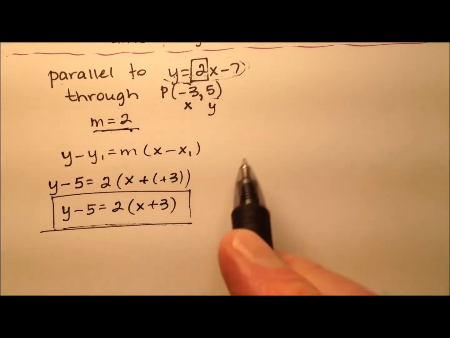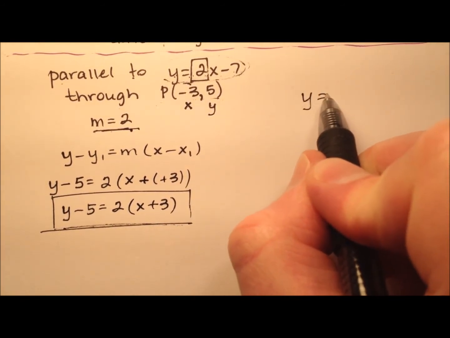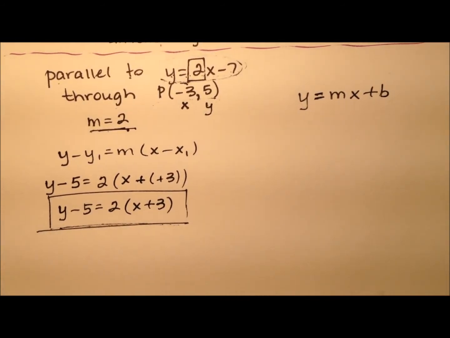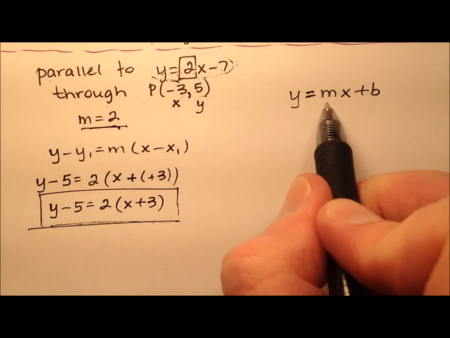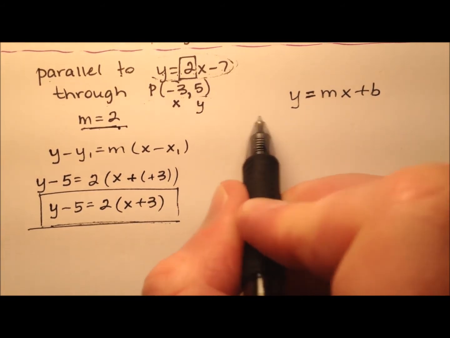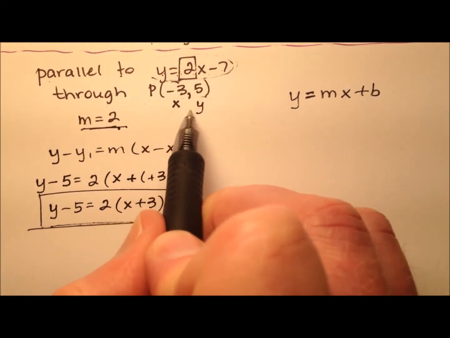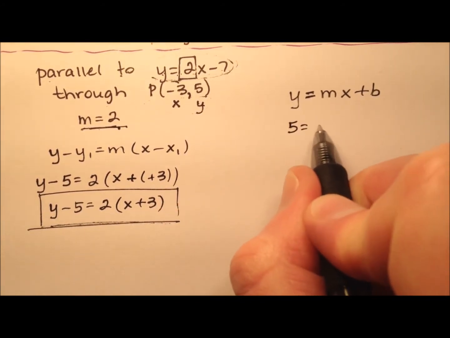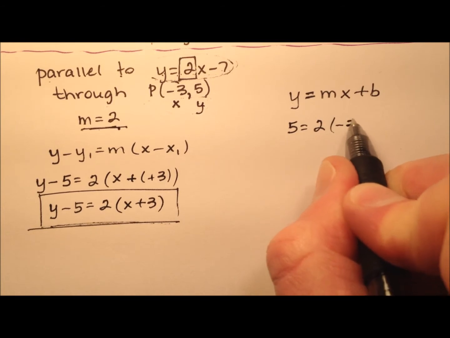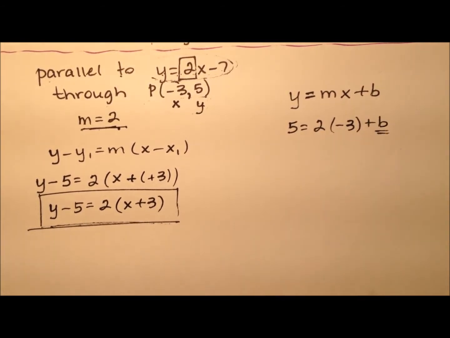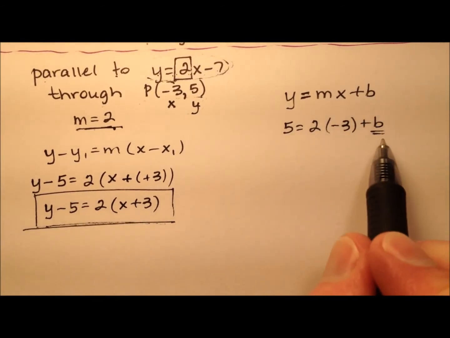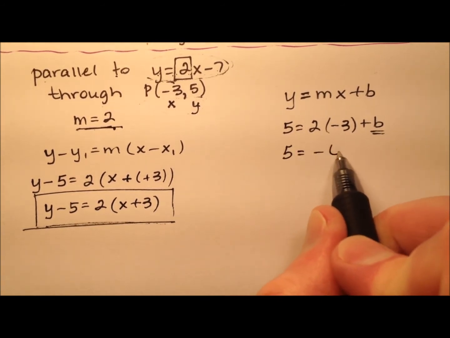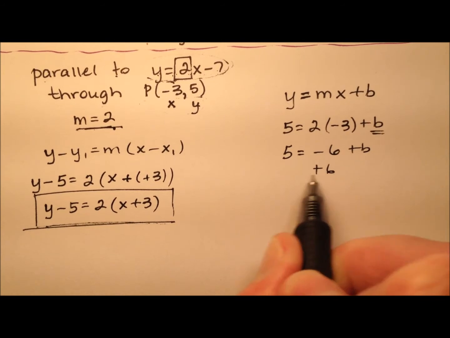Let's do it again, but this time let's write it in slope-intercept form. So we have y equals mx plus b. Again, our slope is 2, and our ordered pair gives us an x and a y value. Our y was 5, our m is 2, our x is negative 3. So we're solving for the y-intercept so we can write it in slope-intercept form. 5 equals negative 6 plus b.